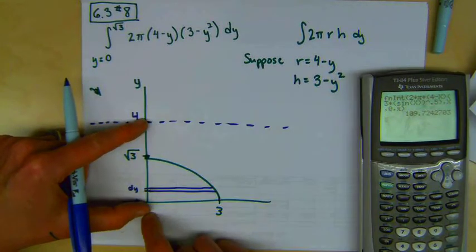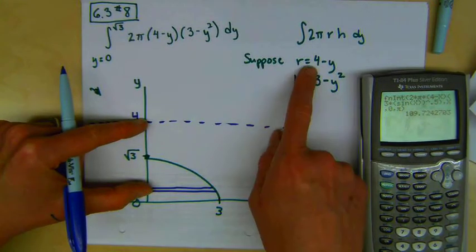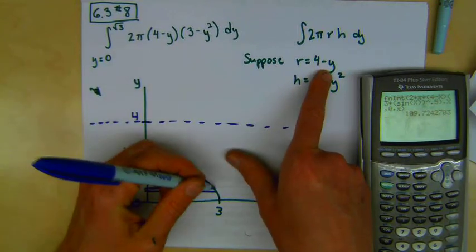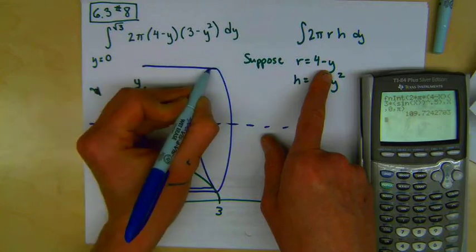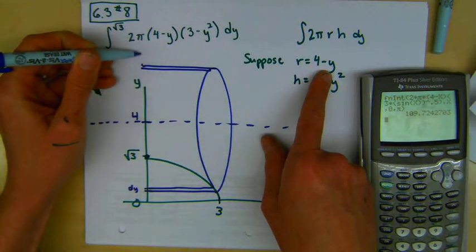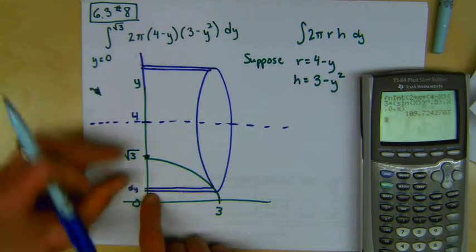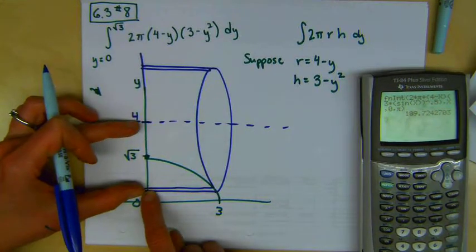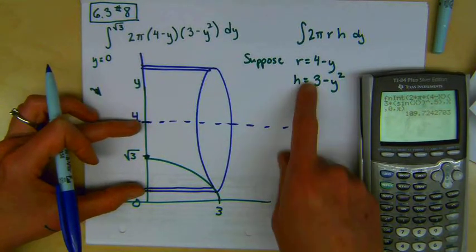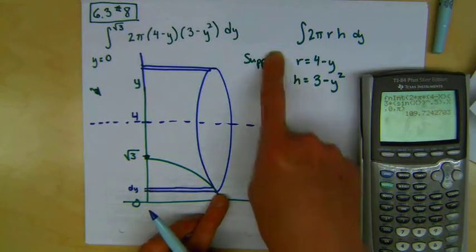It's 4 minus whatever our y value is. So this formula follows exactly what we would want it to be for a cylinder in which the radius 4 minus y shrinks it up to be right at this width, and then the height would be given by this curve.